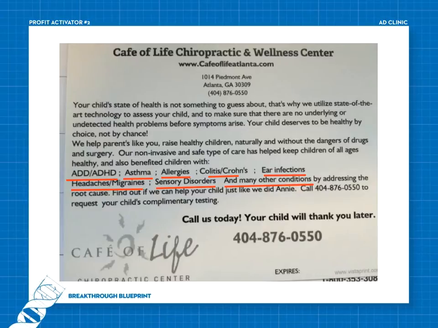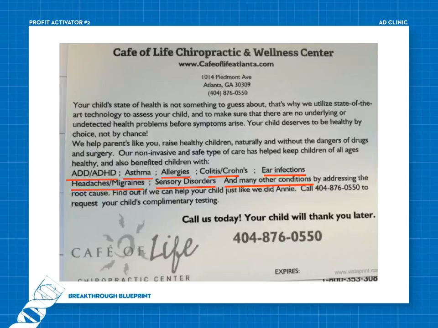Instead of the cafeoflifeatlanta.com URL, there would be a website called nomoreearinfections.com, and it would talk only about a free report that you could get if your child has recurring ear infections. Not trying to convince people to come in for a test, or an adjustment, or a complimentary consultation, anything like that.